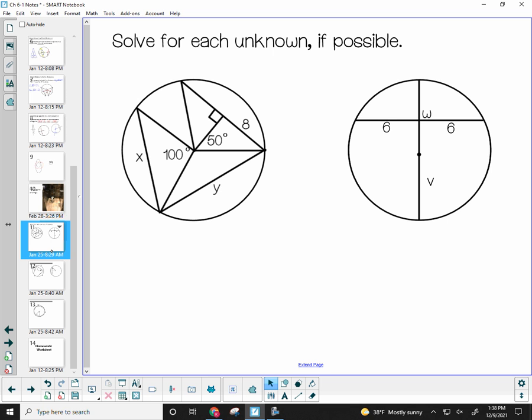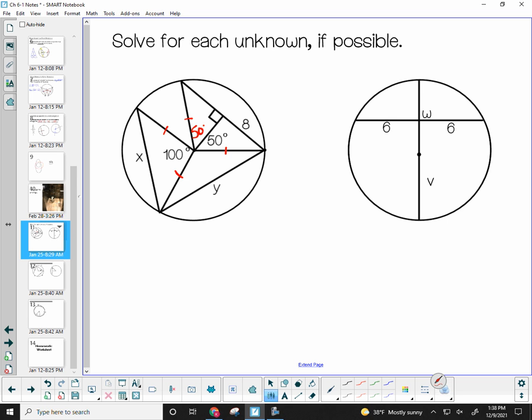All right, so let's talk about the first two. What I noticed here is that I end up with some congruent triangles. I have 4 radii here that are congruent. Because we have an isosceles triangle up here, if this angle is 50 degrees, this angle also has to be 50 degrees.